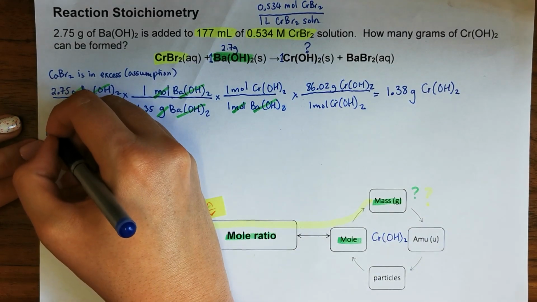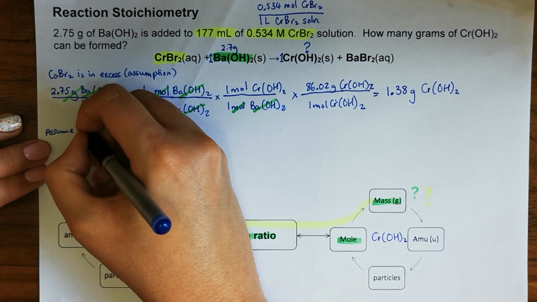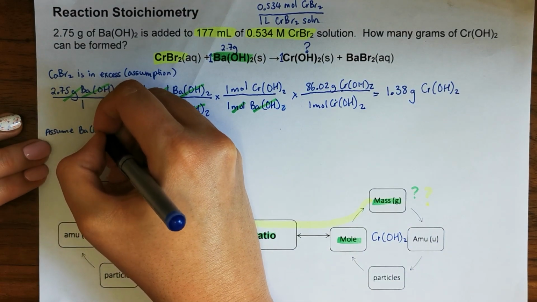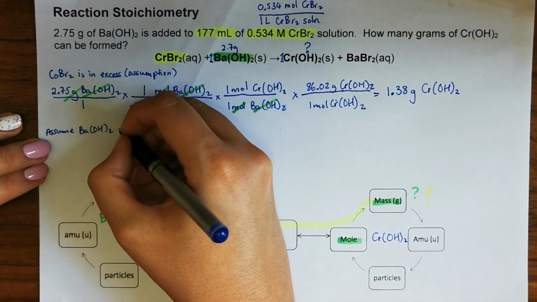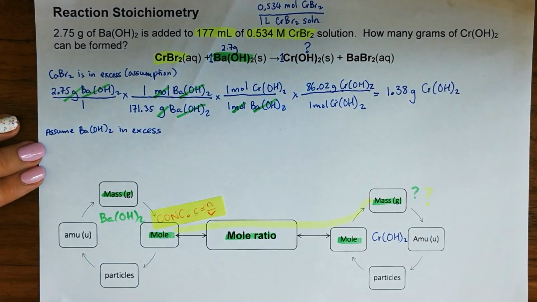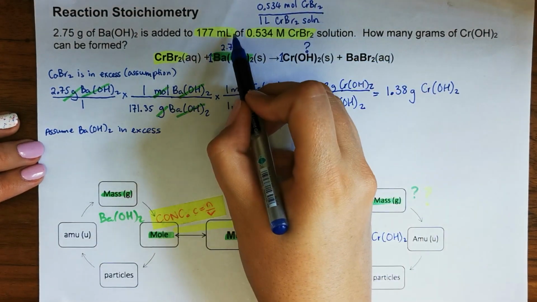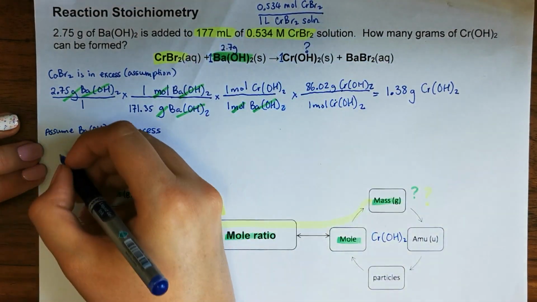Now we need to move on to the yellow portion of the equation, and here is our assumption. So we assume the barium hydroxide is in excess. So what is our starting point? We know we can't start with the conversion factor, so we have to start with the volume.